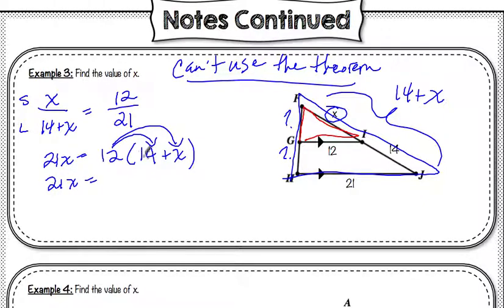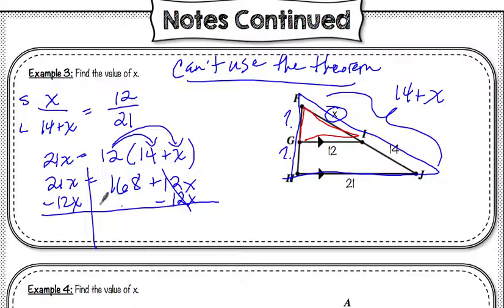So I am going to do 12 times 14, which is 168, and 12 times x is 12x. Then I'm going to subtract 12x, and I get 9x equals 168. Then I divide by 9, and I get x is 18.6, repeating.